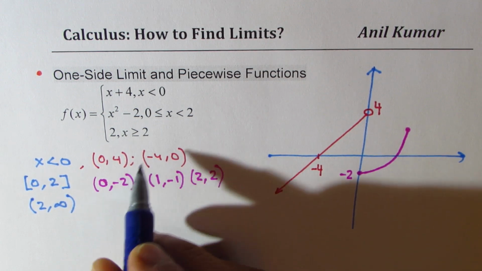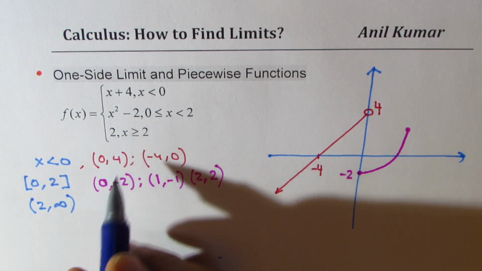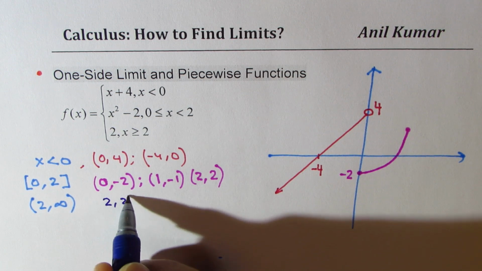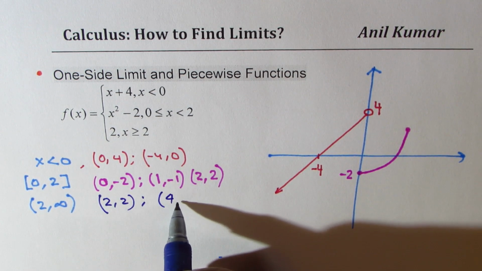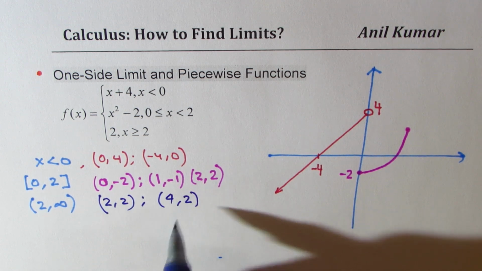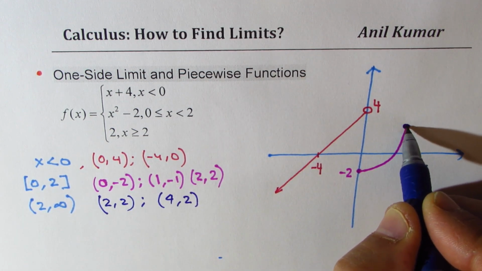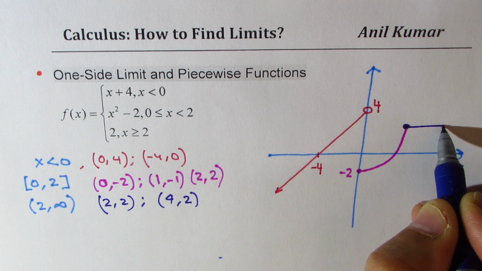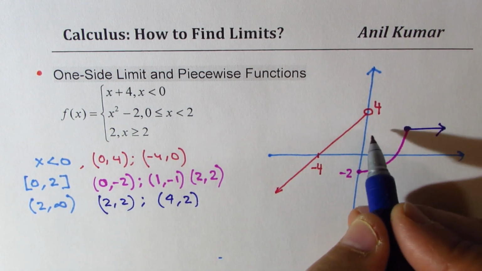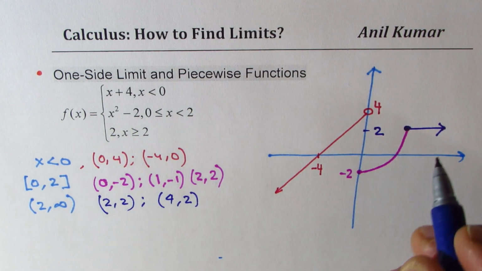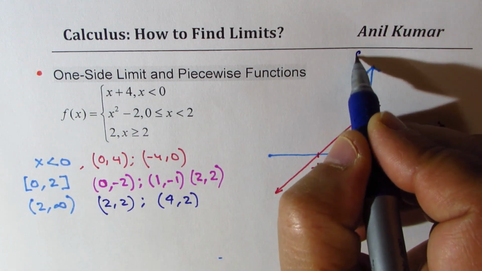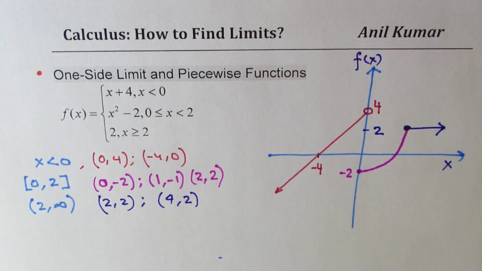So basically at 2 it is 2. And even if I take a value 4, it is still 2, right? So it's a constant function which includes this point, and it's like a horizontal line. This is 2 for us. Correct.